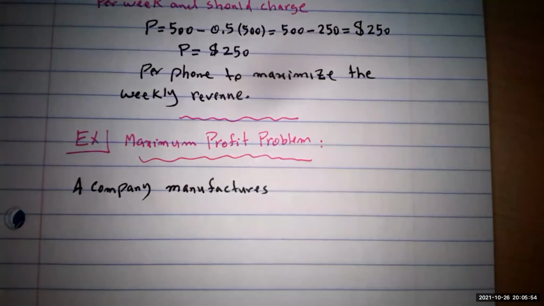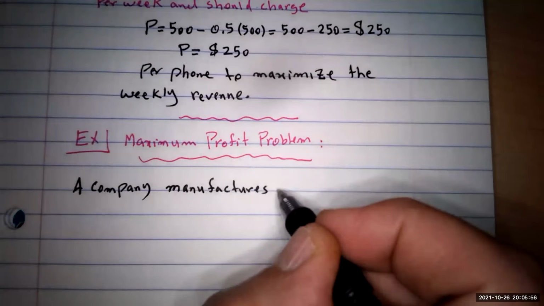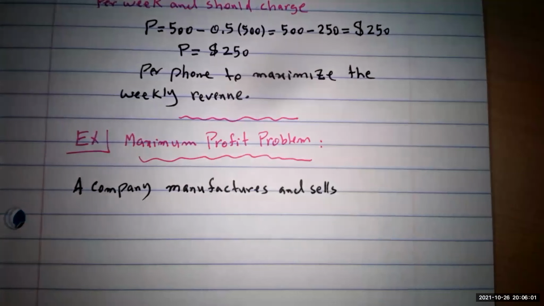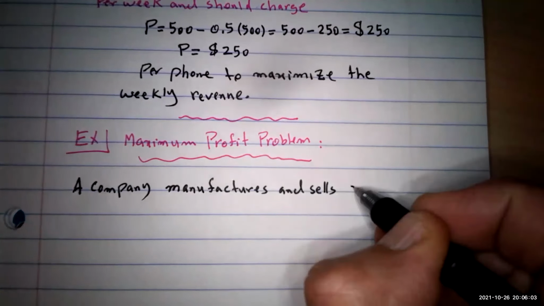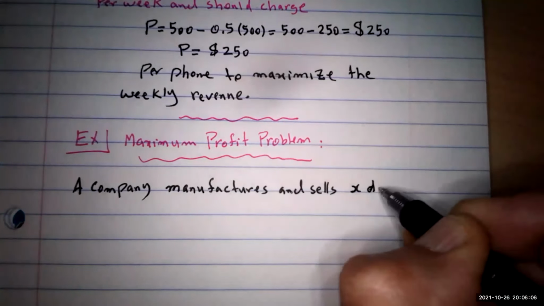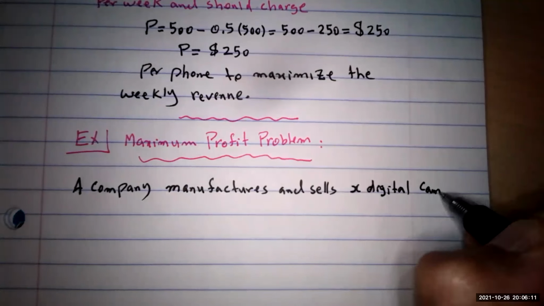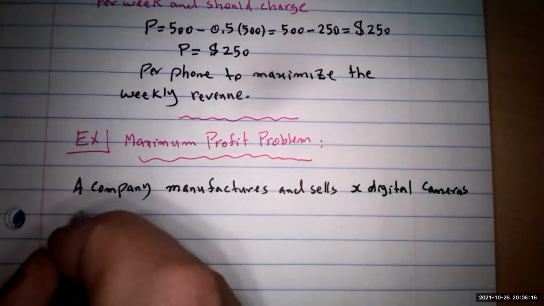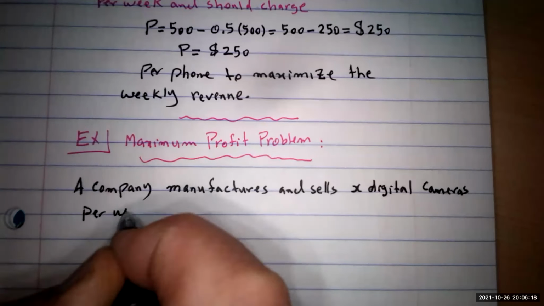A company manufactures and sells x digital cameras per week.